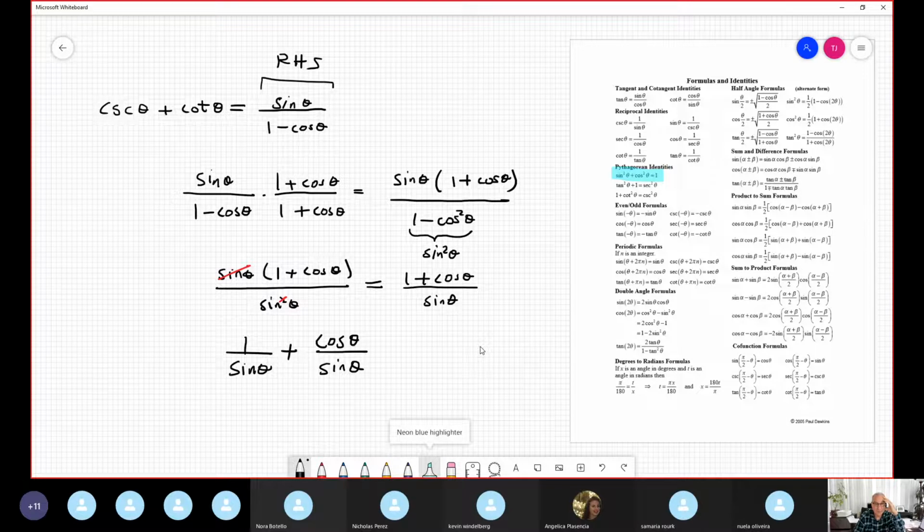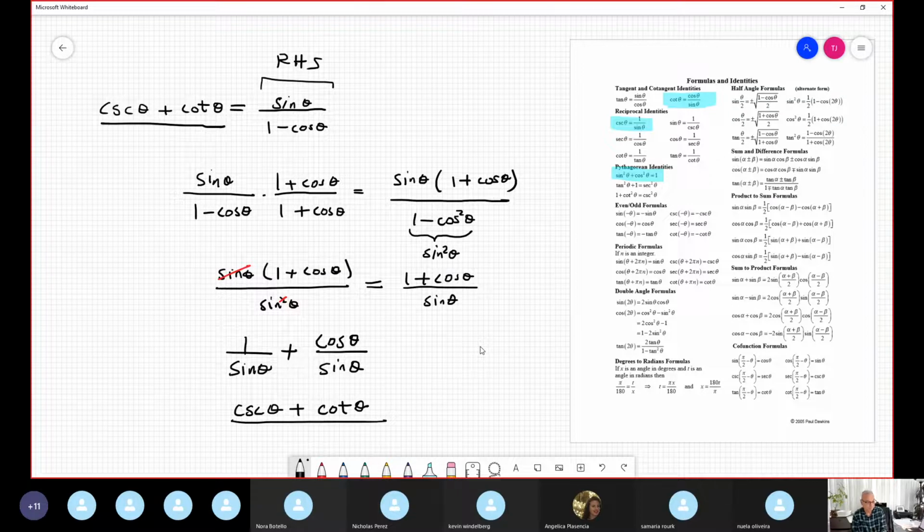Look at that in this identity: cosecant. And cosine divided by sine is cotangent. Yes, I finish because this expression is equivalent to this. It's exactly the same. Twin brother. Any question?